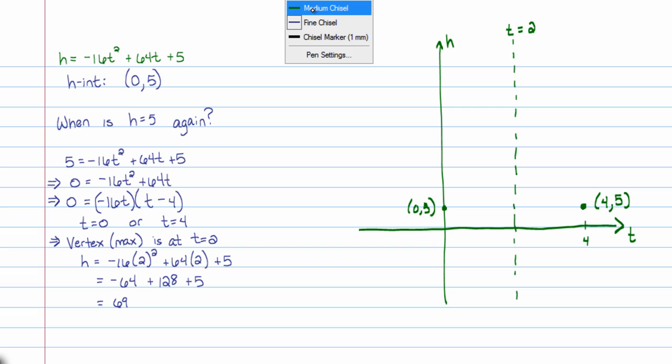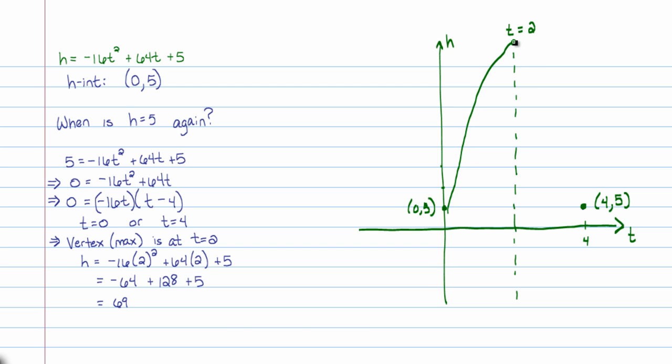Let me go ahead and plot that on here so you can see it. Unfortunately, if that's 5, this would be 10, 15, 20, 25, 30, 35, 40. It's way up there. So I'm just going to pretend it's right here for now. Not that it's that important because they're not really asking me to graph it, but that apex occurs at (2, 69).